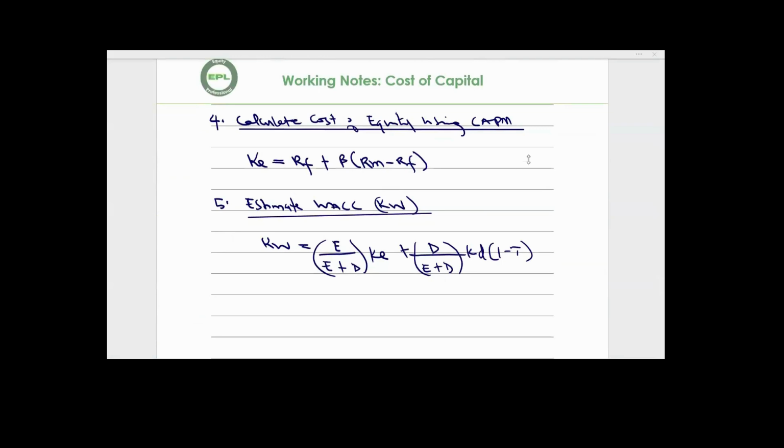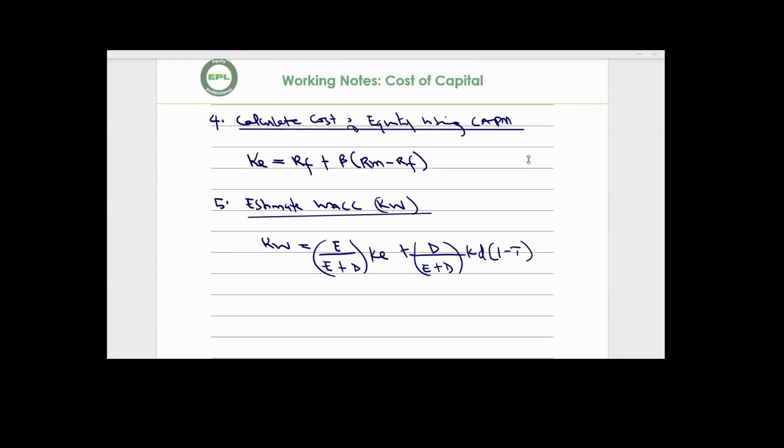Okay. So I said in step 4, you are expected to calculate cost of equity using capital asset pricing model. I told you when we started cost of capital that there are 3 methods of calculating cost of equity. 1 is dividend valuation model, 2, capital asset pricing model, then 3, Miller and Modigliani.